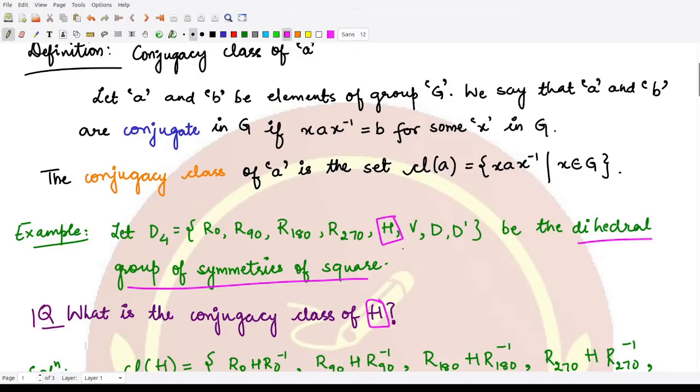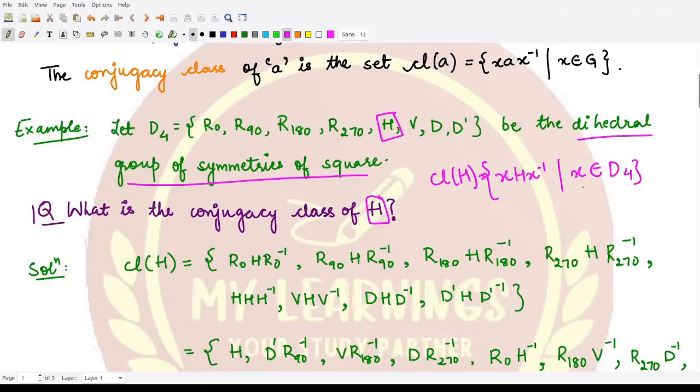Because you know, in the conjugacy class of H we have all the elements of the kind x H x inverse, such that this x is a member of D4 in this case, the group. So x could be any member of D4, and we will calculate this relation for every element of D4.